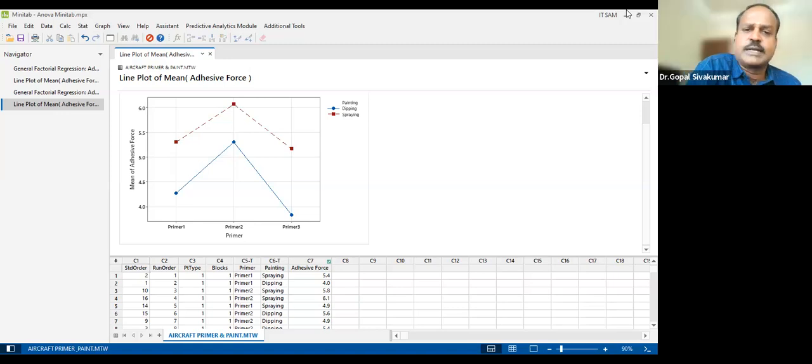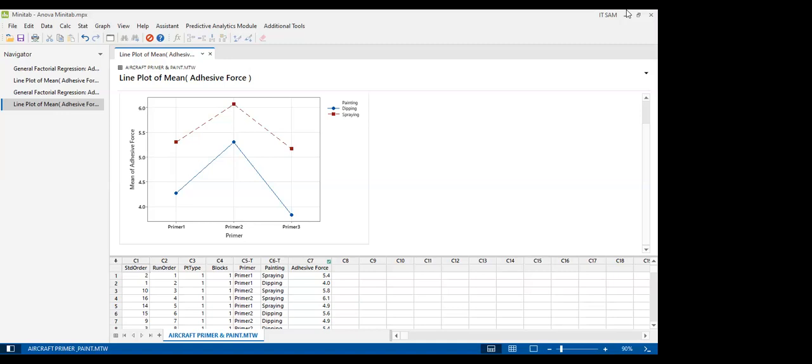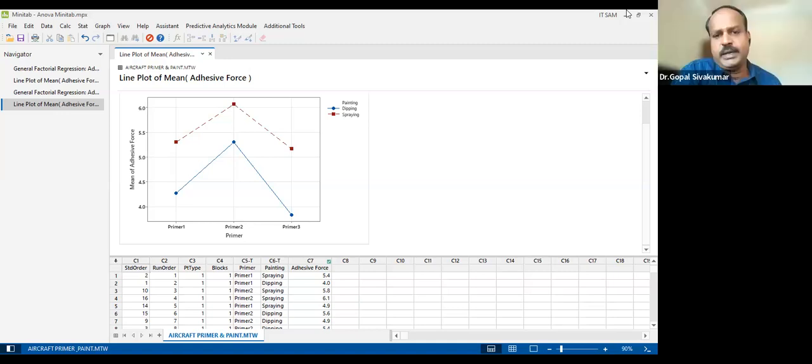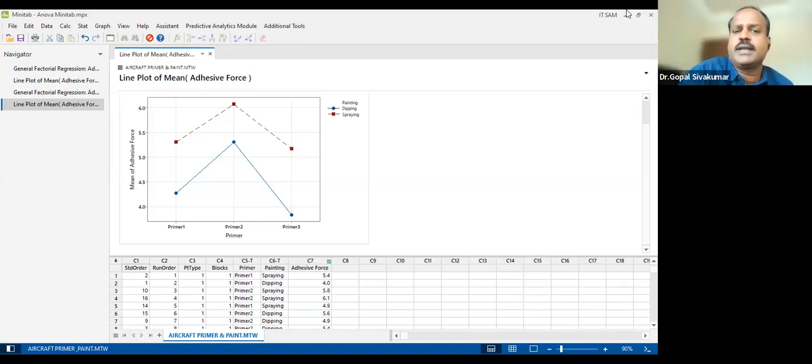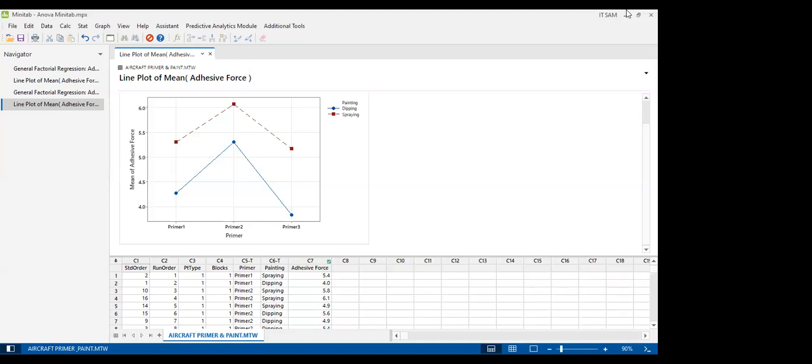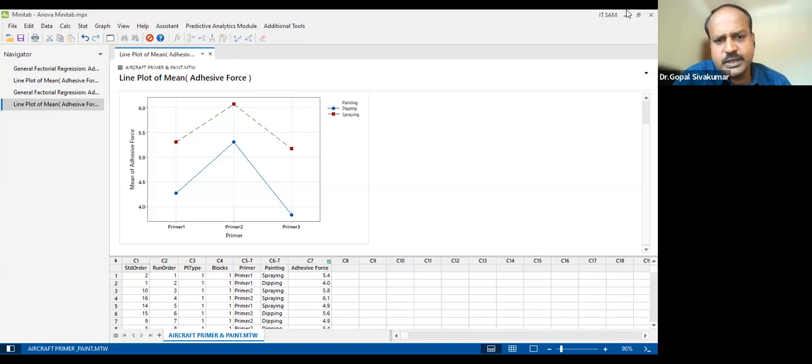The ANOVA table will convert the F score into p-value. Finally, you can take a decision with the help of p-value, and then by going for an interaction plot, you can understand which combination is best working for you, and then you can take a decision.